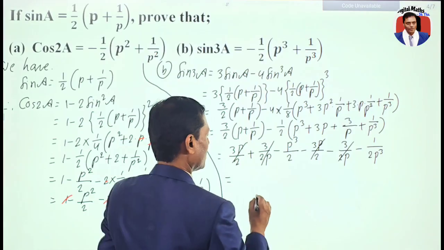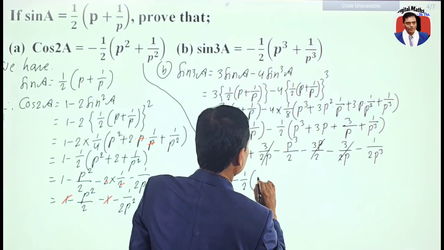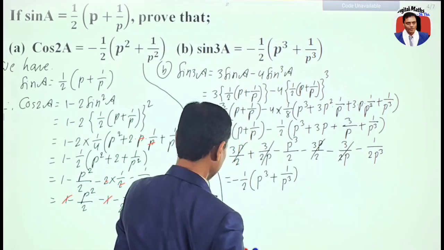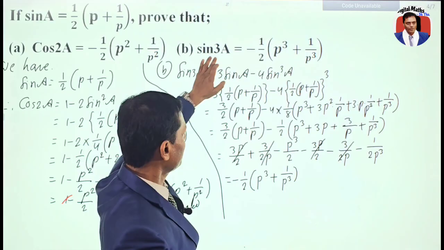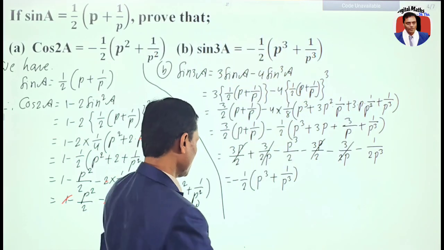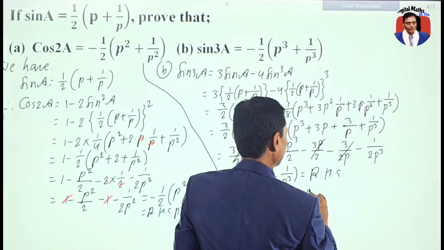So we are going to take minus 1 by 2 common, right? And then we have here p cube plus 1 by p cube, isn't it? And see carefully here, sin 3A equals minus 1 by 2 times (p cube plus 1 by p cube). So that's our right hand side, and that's proved.